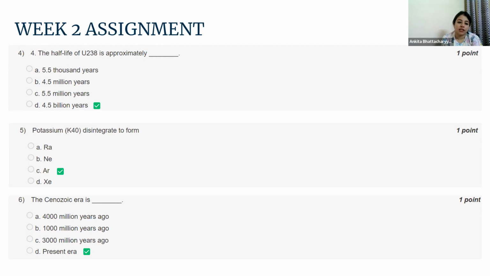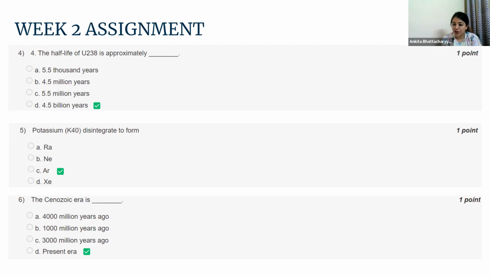Then the next question is also quite direct. Potassium, or rather K-40, disintegrates to form radon, neon, argon, or xenon. Potassium disintegrates to form argon, right? Then the Cenozoic era is obviously the present era.